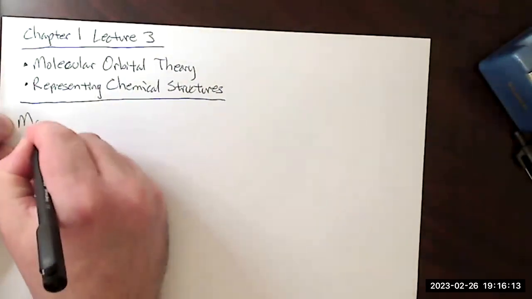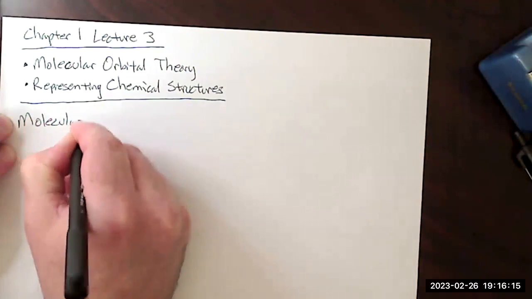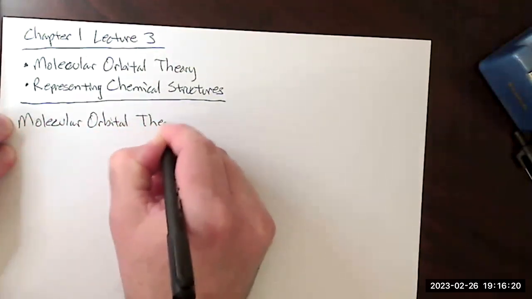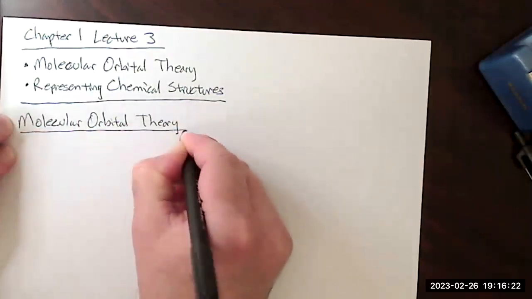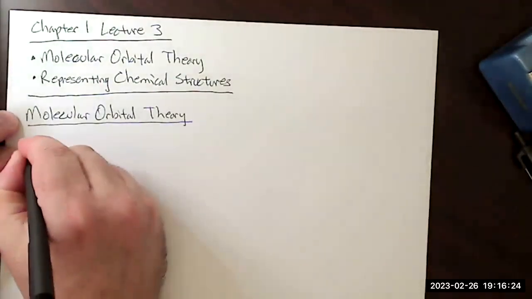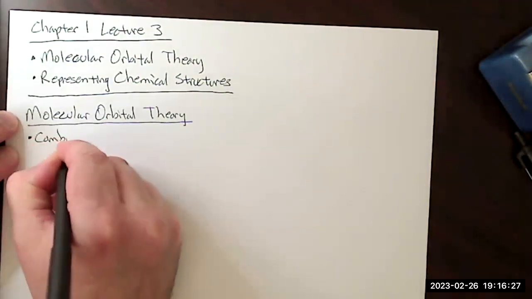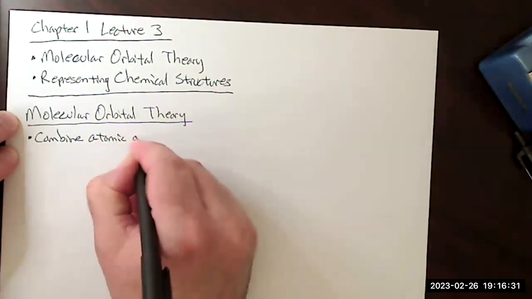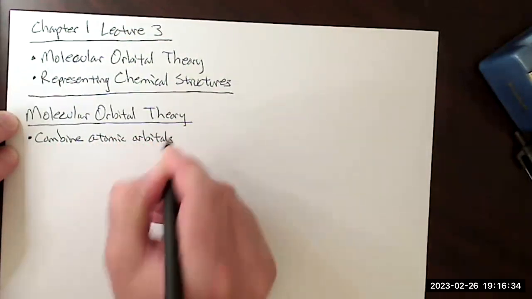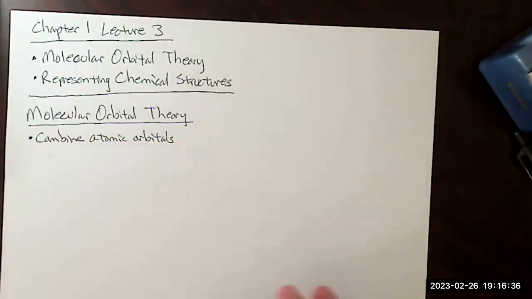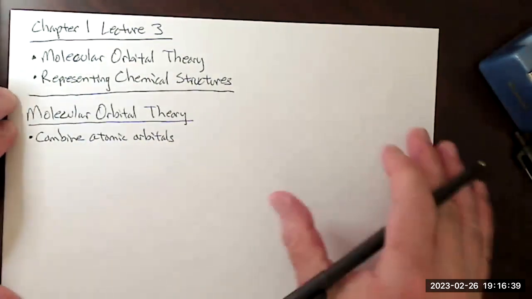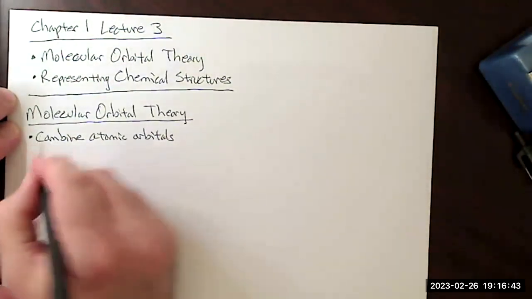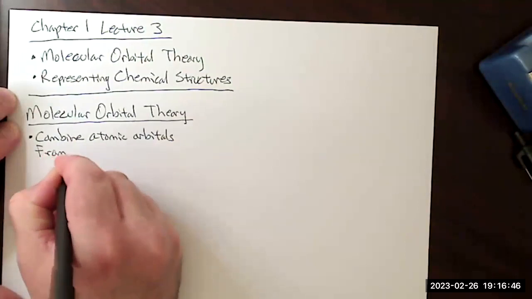So molecular orbital theory: we're going to combine atomic orbitals, just like we did in hybrid atomic orbitals. But this time we're going to combine atomic orbitals from different atoms.